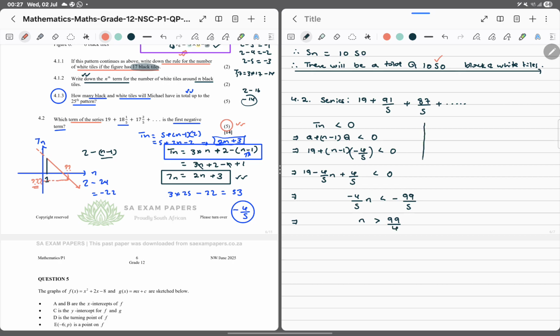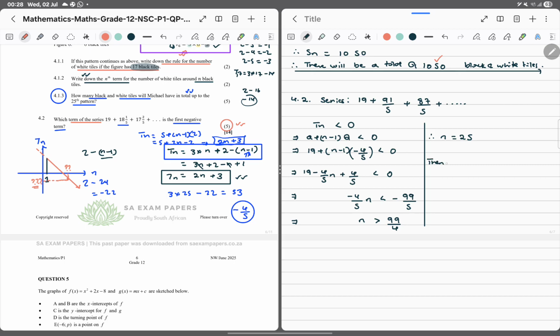Right, I would like to continue on the other side just to save some space. So what does this imply? Now remember, what is this 99 over what? This is 24,75. So we can say, which therefore tells us that n, now this, we take the nearest whole number greater than this value, which is going to be 25. So if n is 25, what do we say?